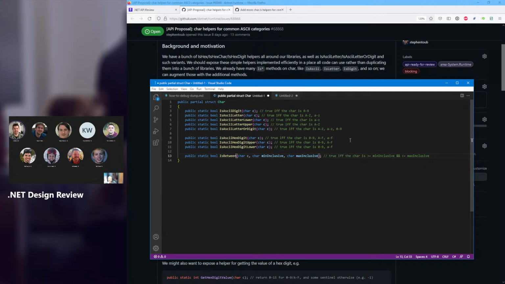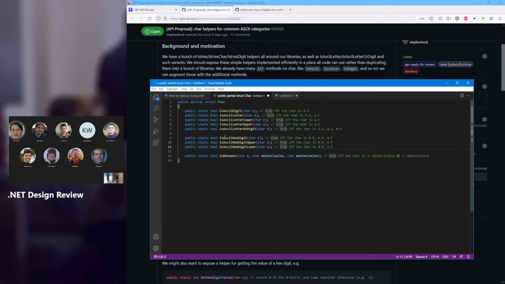If you don't pass in constants, the performance will not be good. And I assume that most of these are just going to get turned into inlines. Yeah, that would be the hope.